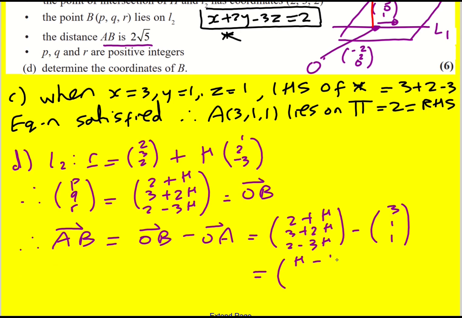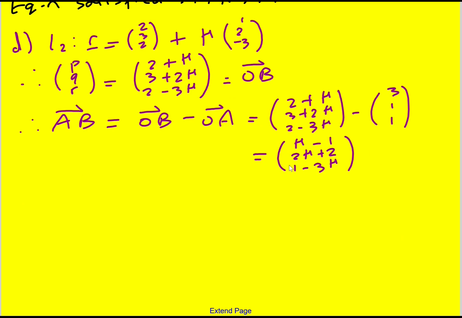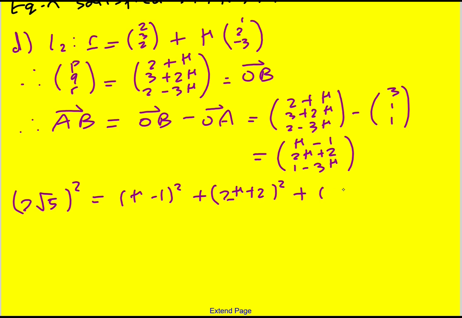Which is (mu - 1, 2mu + 2, 1 - 3mu). Now I know the distance is 2 root 5, so I can just find the magnitude of this vector. In fact, I can just square the 2 root 5 and use 3D Pythagoras. It's going to be (mu - 1) squared plus (2mu + 2) all squared plus (1 - 3mu) all squared.